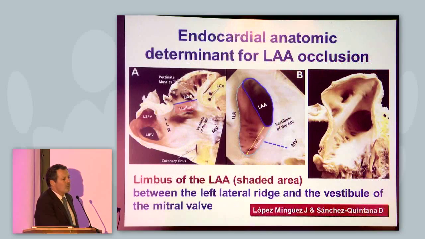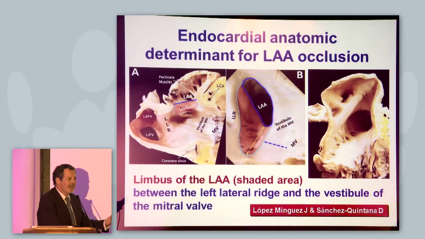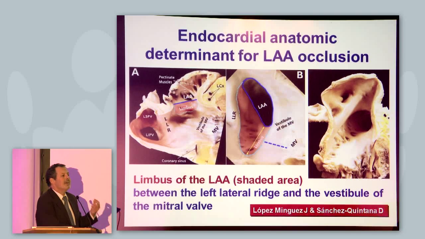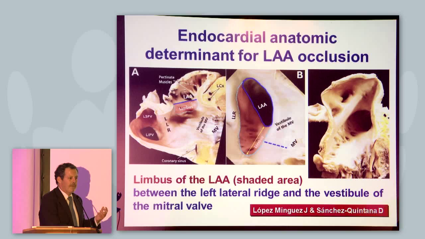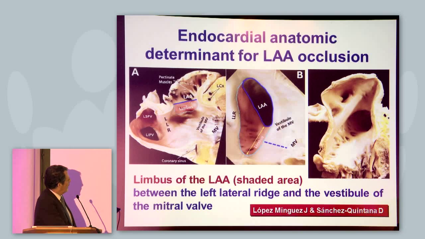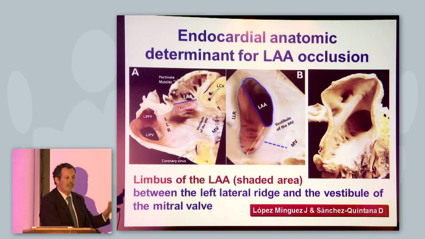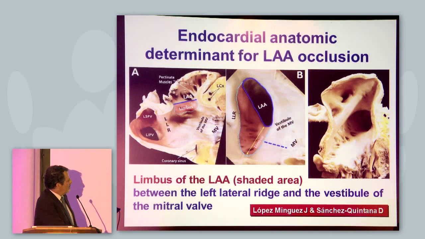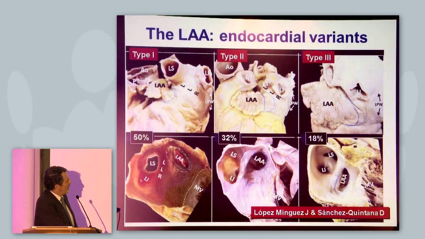And they have tried to identify the variability of this limbus and its implication for occlusion of the left atrial appendage. Here you can see the left superior, the left inferior. This is the left atrial appendage, and the limbus is like a vestibule to enter the left atrial appendage. This is the limbus between the left lateral ridge and the vestibule of the mitral valve.